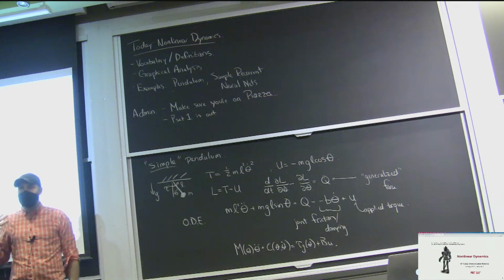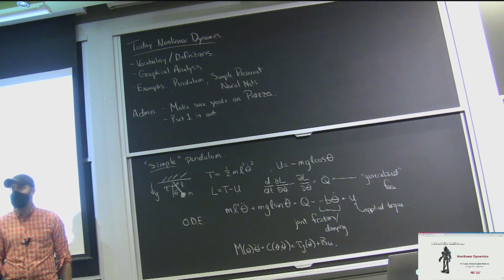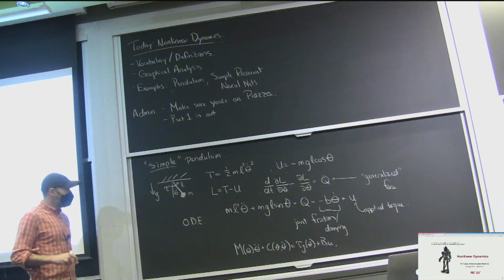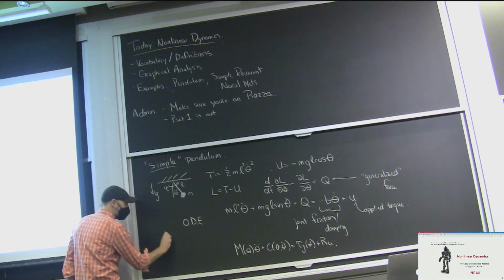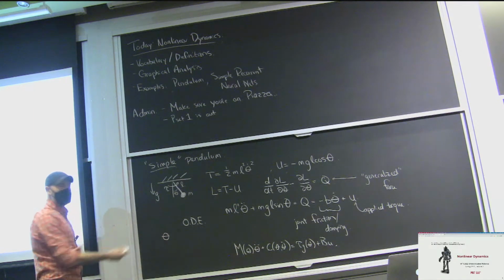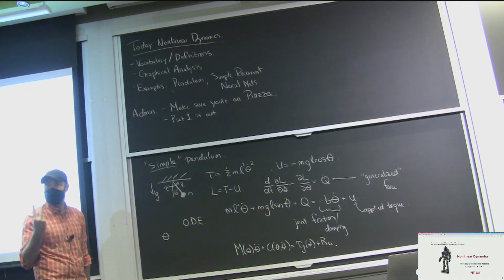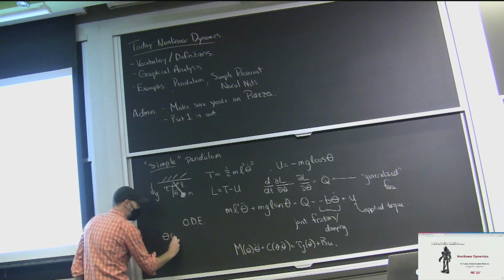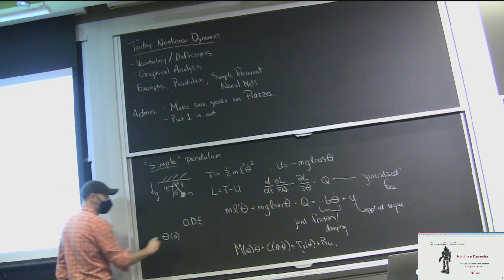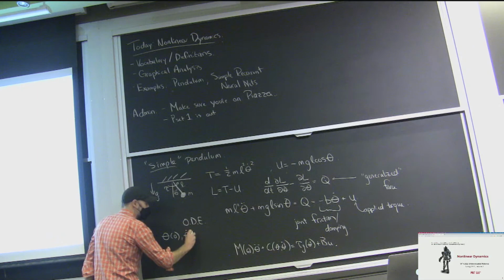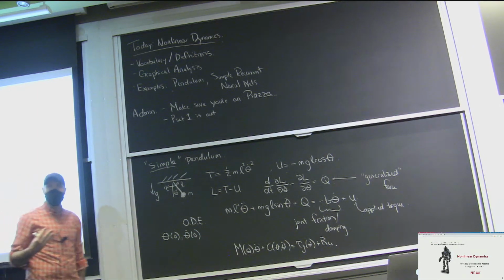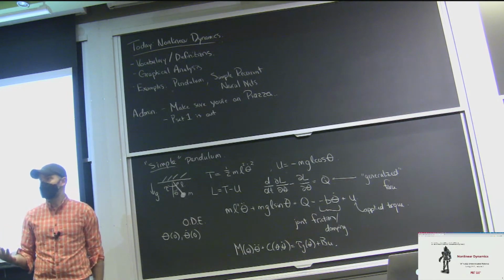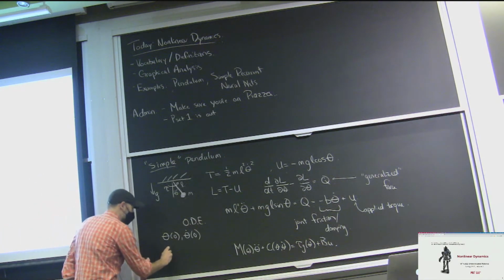So the standard question that you would solve with the tools of 18.03, for instance, is if I were to give you the initial conditions, since it's a second order equation, I'm going to have to give you two initial conditions: theta at time 0, theta dot at time 0. Then you should be able to tell me theta as a function of time. That's the standard.